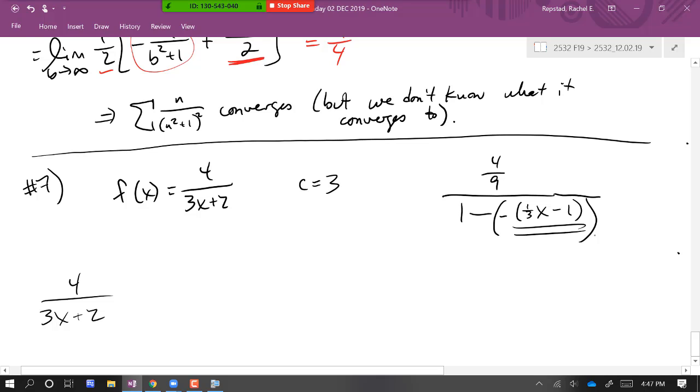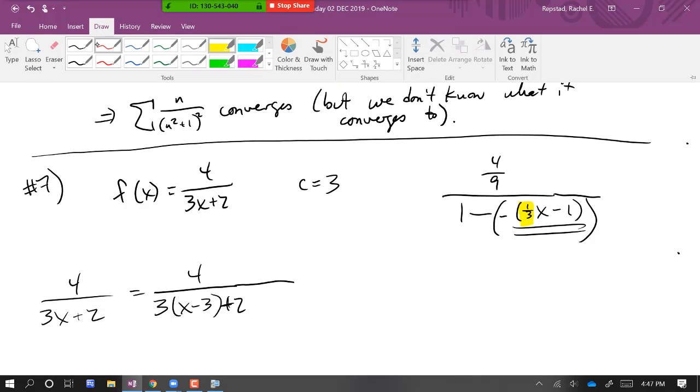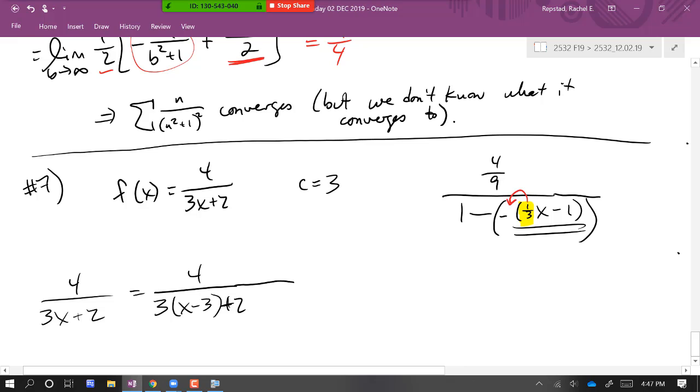You just replaced x with x minus 3, and you should have a multiple of 3 on the outside of that negative sign. If you factor that out, you'll see the x minus 3 show up. That's important. It's hard to tell when you write out a series that it's centered at 3 if you don't see x minus 3 in parentheses.